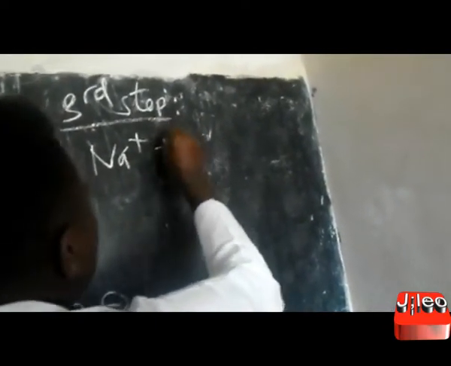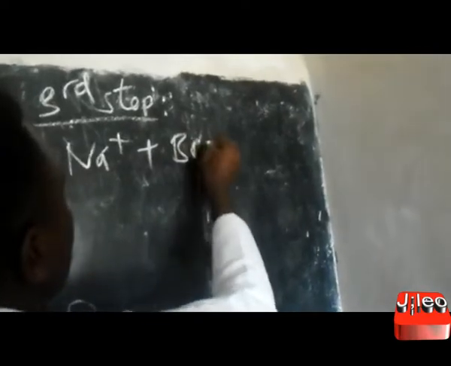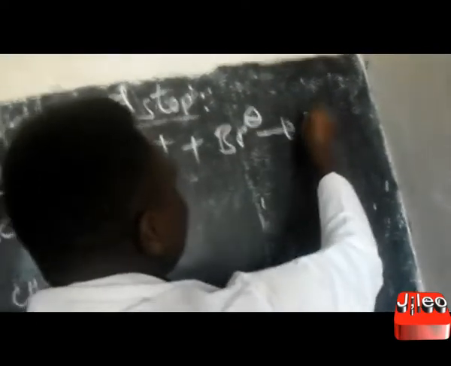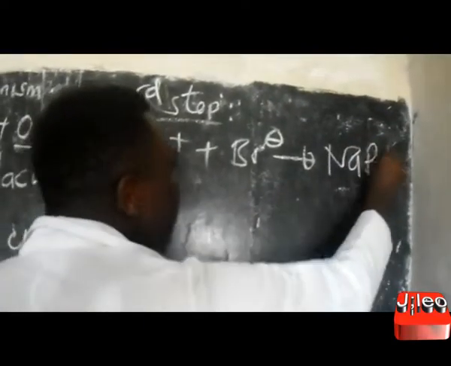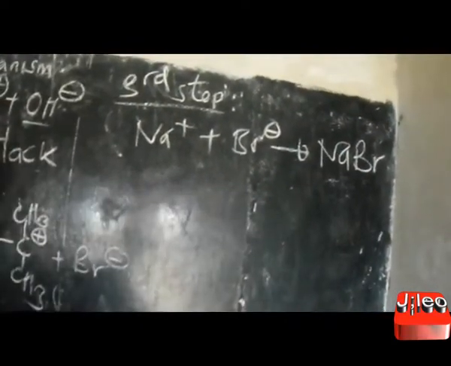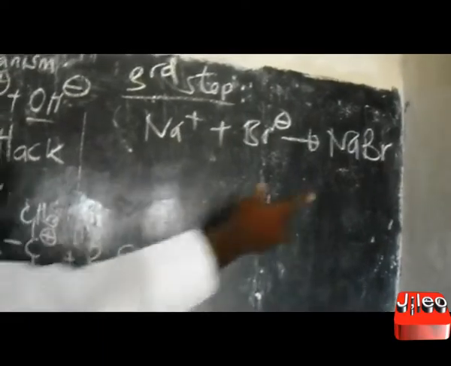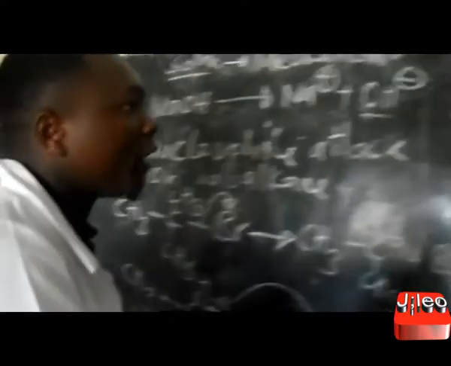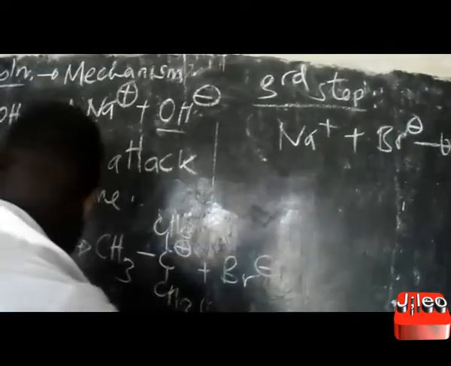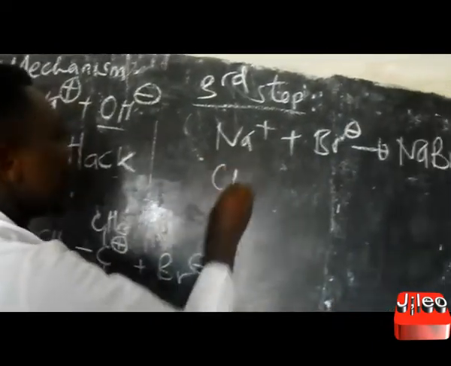Then we add bromine, which is negative charge or ions. Then we shall have sodium bromide.